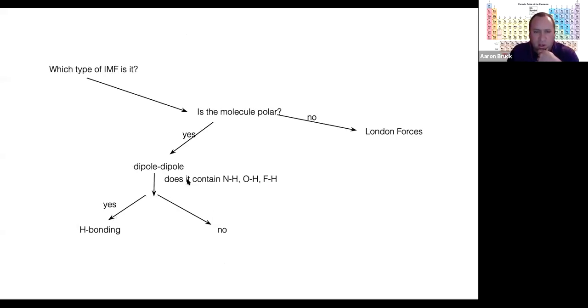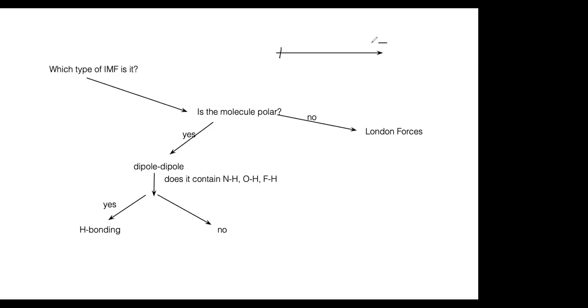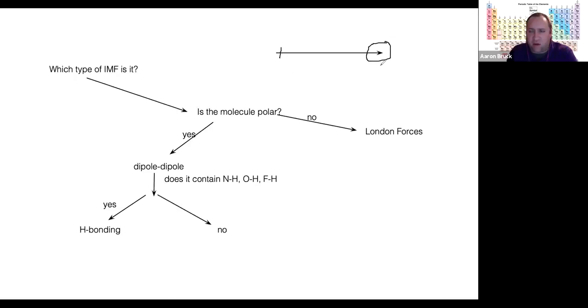So in dipole, yes, those are the ones where we have the arrows, and the arrows that we see have a crosshairs on them. The side with the arrow points to the side that is slightly negative. The side with the crosshairs on it is the slightly positive side of the molecule.